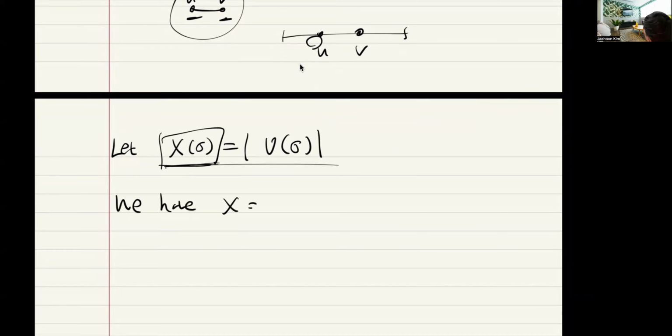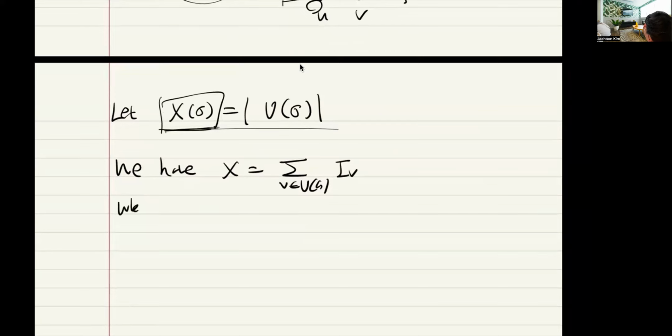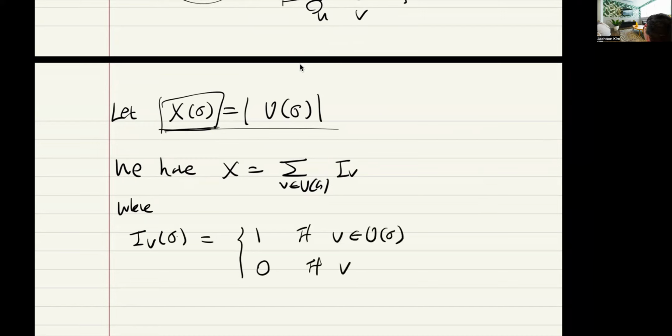And for computing its expectation, the most basic way is to write it as a sum of indicator random variables, where this I_v, depending on this sigma, is either 0 or 1. If this v is in U sigma, it's 1. Otherwise, it's 0.